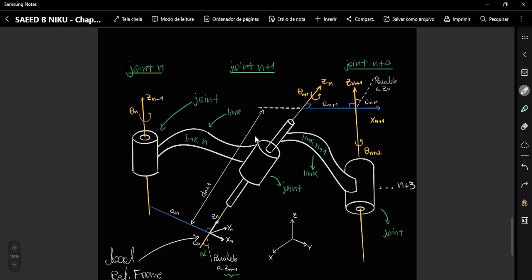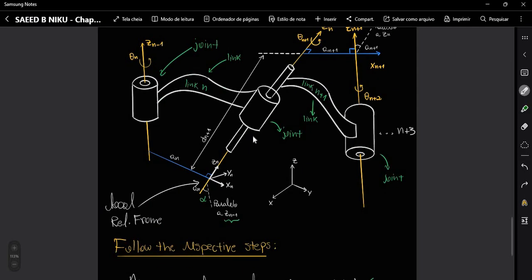So on the center joint, the joint number n plus 1, its axis we are naming as zn, and one joint before, its axis we are naming as zn minus 1, and taking the center joint as our reference, one joint after it, we have the joint number n plus 2. We are naming its axis as z n plus 1.